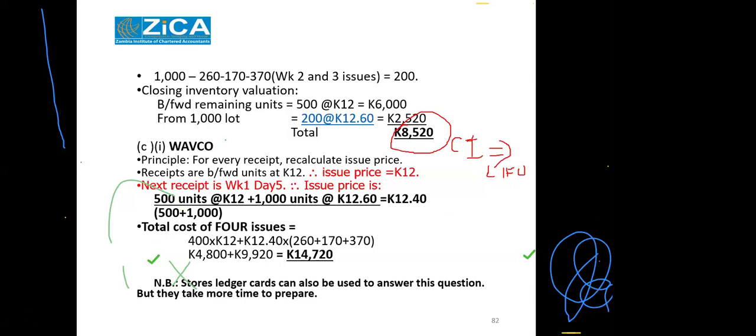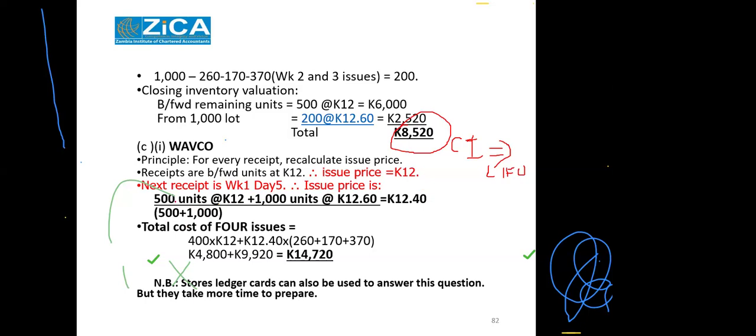Then the next receipt was in week 1, day 5, when they received 1,000 units. But when you receive this, you calculate the weighted average price. So this is calculated by the 500 units which remained when they issued 400 from 900 times 12, and the 1,000 units at 12.6, divided by the inventory in the warehouse made up of 500 and the 1,000.